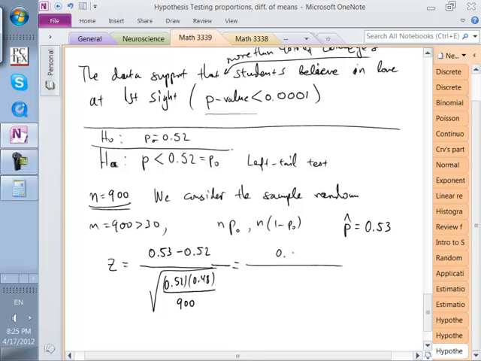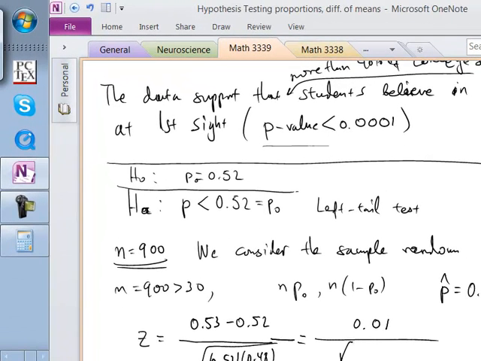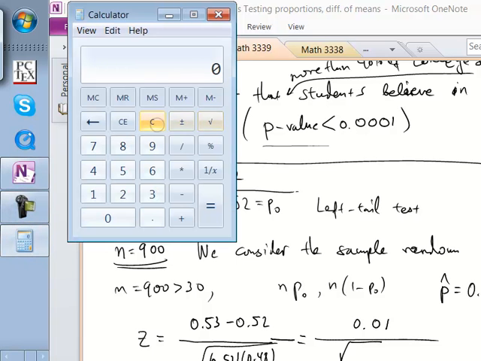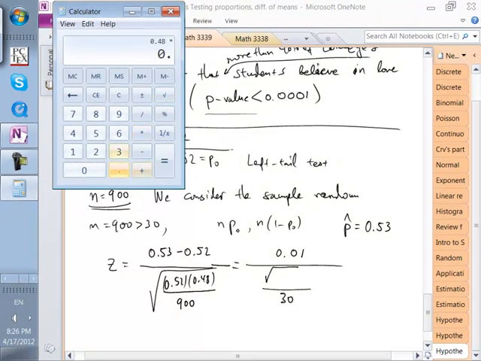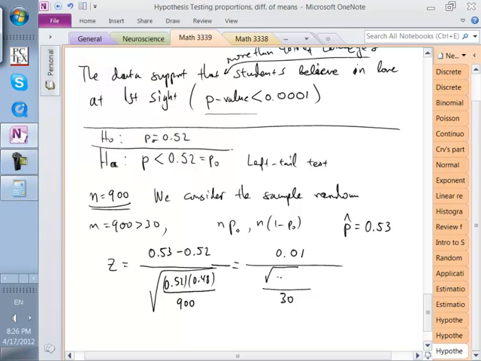So this is 0.01 over, that's divided by 30, and this here is basically the square root of, let's put 0.25 to simplify matters, so that's 0.5.